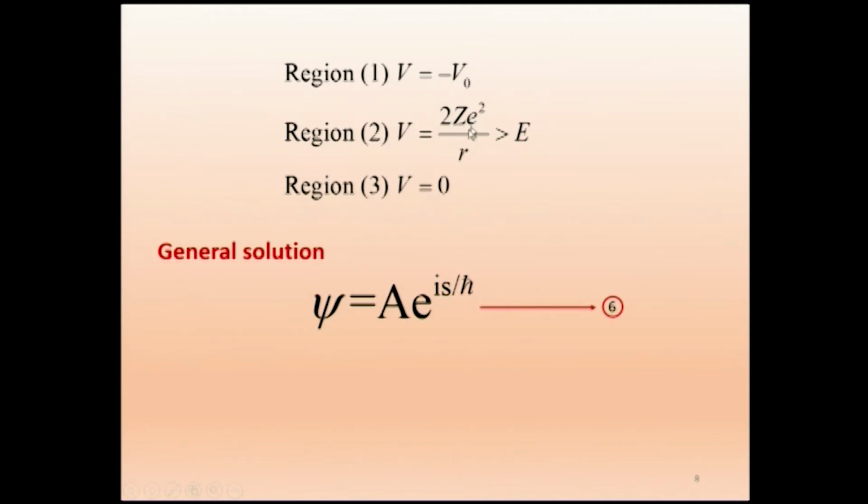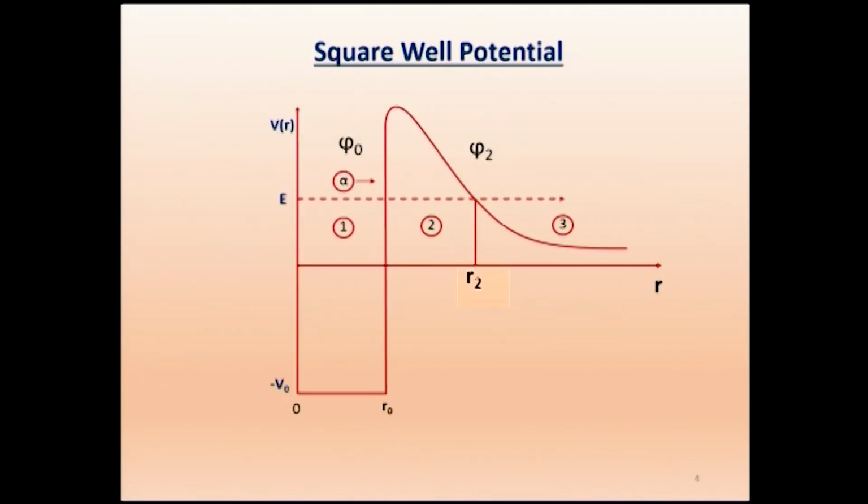In region 3, V equals 0. Going back to the diagram, in region 2 the whole potential is greater than E. This part is E, and in region 2 the potential is greater, so everywhere it is greater than E.